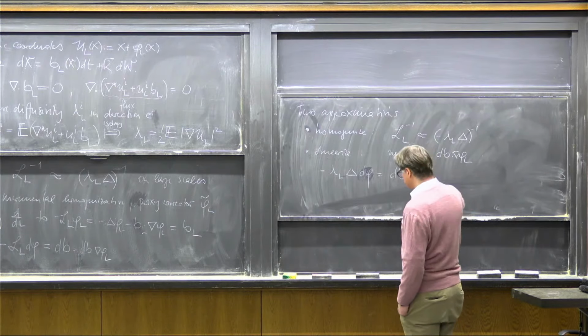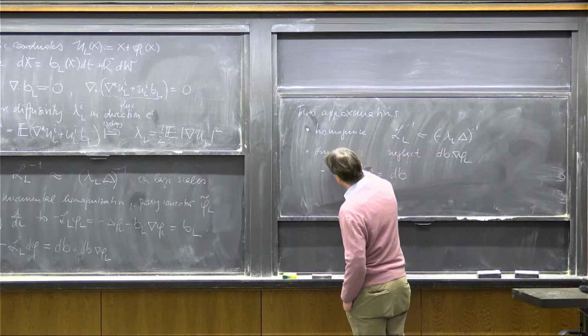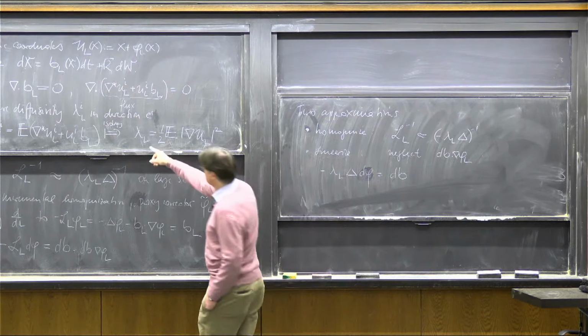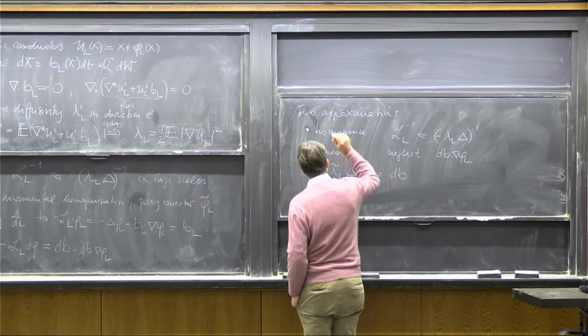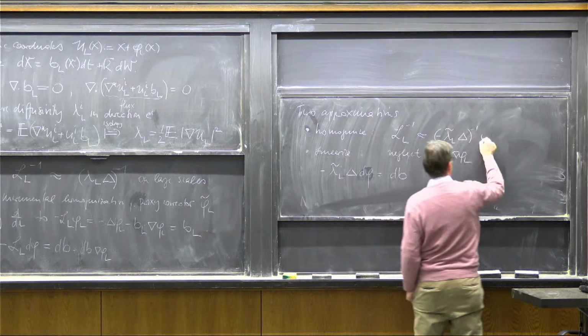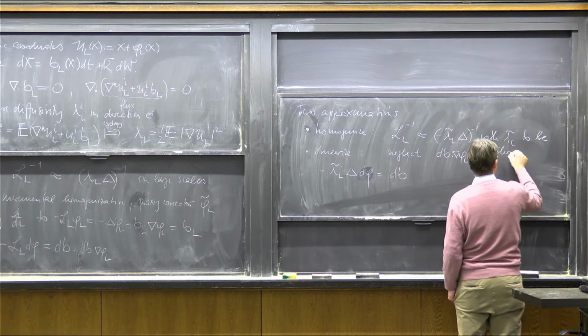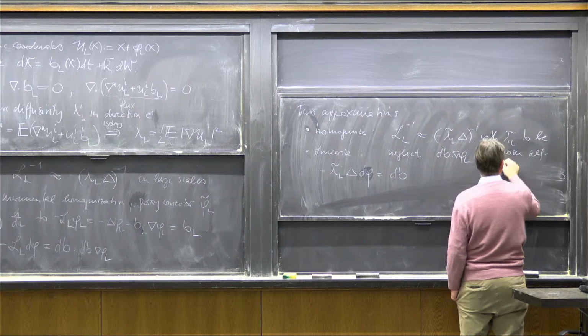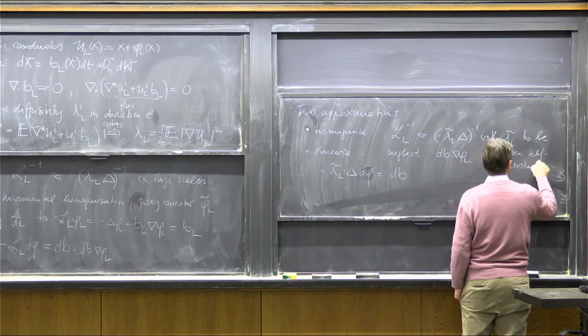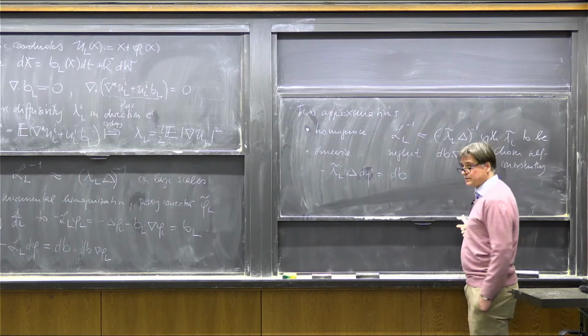And let's be a bit more careful. Because we don't know this quantity, let's replace it also by a proxy phi tilde, to be chosen self-consistently. So let's make this ansatz.